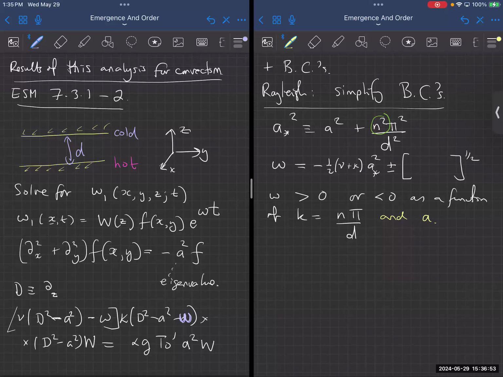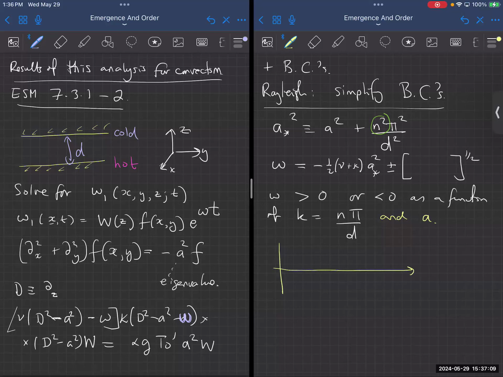So you have to solve this algebraic problem, and then what you find is exactly like we talked about before.